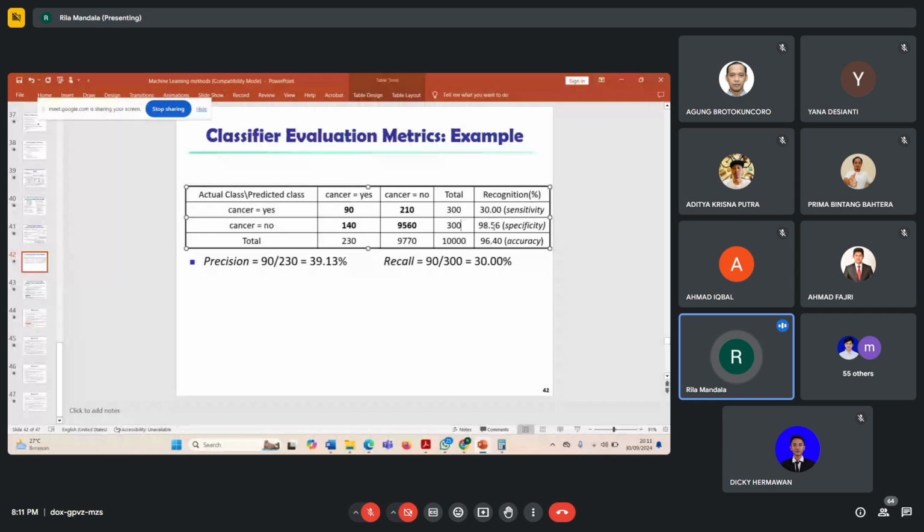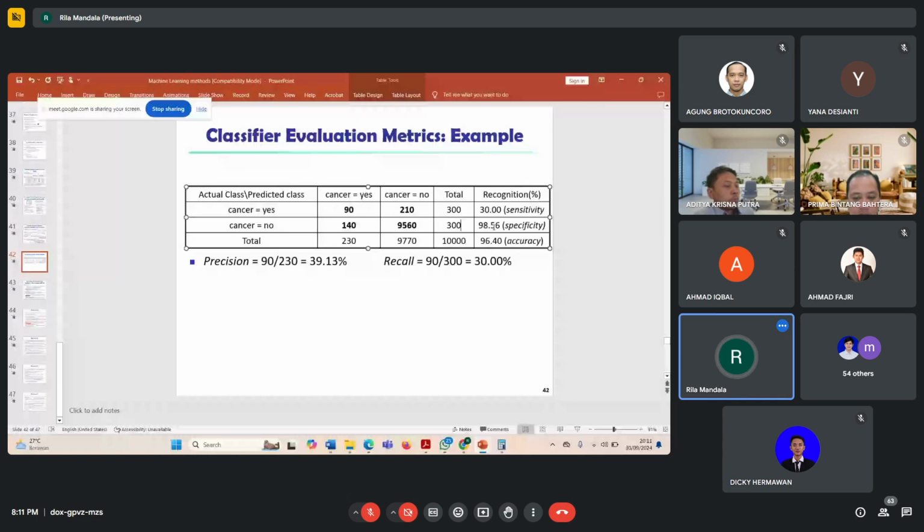So PCA will never cope with the imbalance problem.